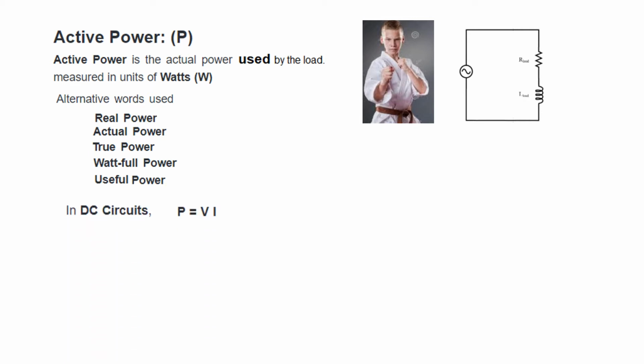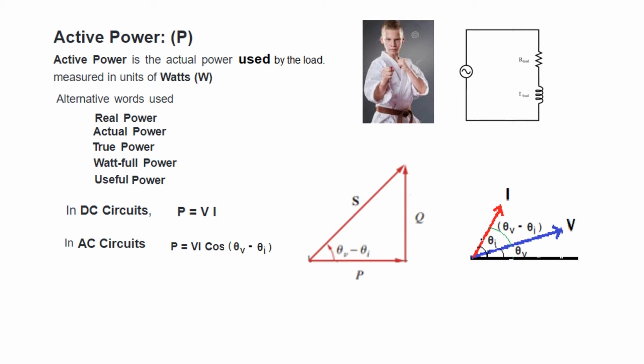Now, if it was a DC circuit, we know the power is V into I. But for an AC circuit, we need to modify the formula. It will be VI cos(theta V minus theta I). So this angle is theta V minus theta I. If you look at this diagram, this is the real axis.